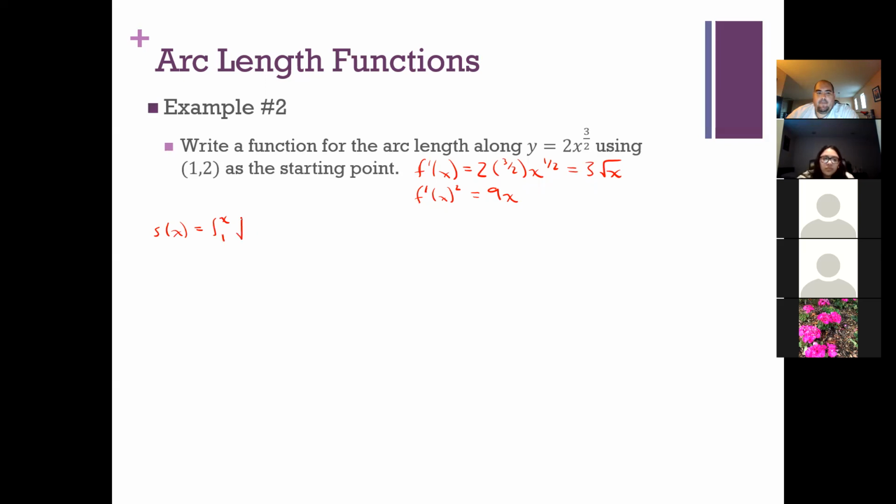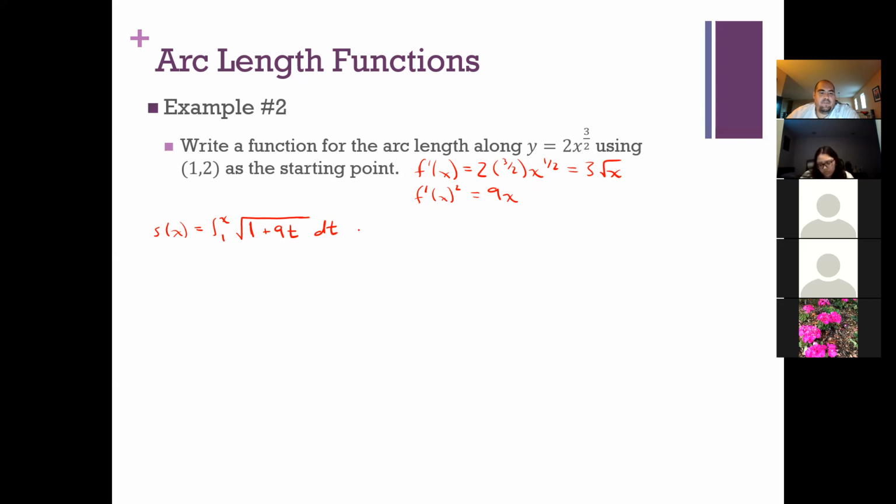Square root 1 plus 9t. There you go. Good catch. Yeah, don't make the same mistake I did. We want to use basically any other symbol, but t is pretty universal.